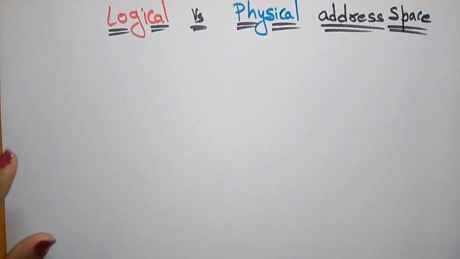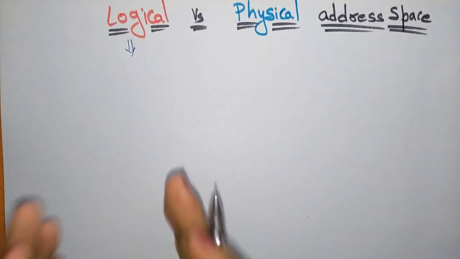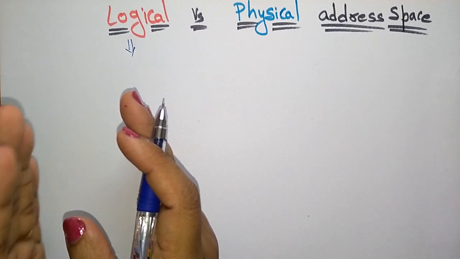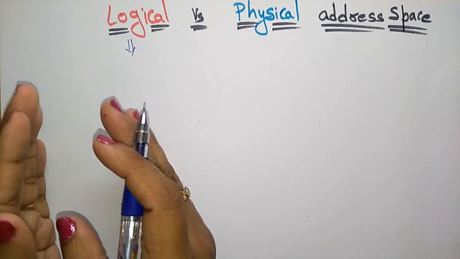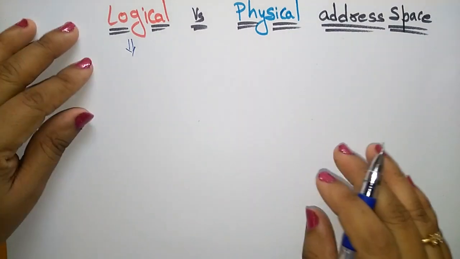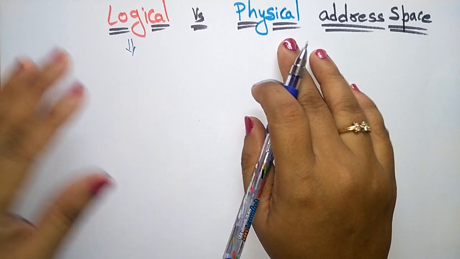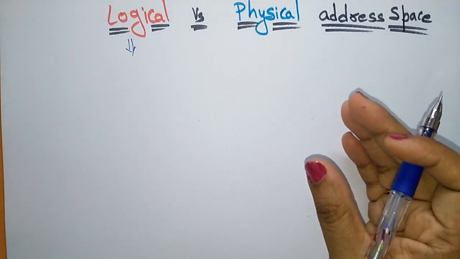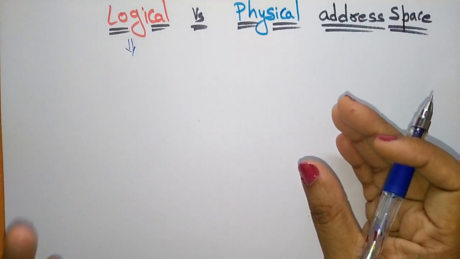Now let us see. Whenever you see the name logical, you have to think that this is the address space generated by the CPU. Only the CPU will generate the logical address space, whereas a physical address space is a memory unit, whatever the capacity of the memory unit you buy, your system has.